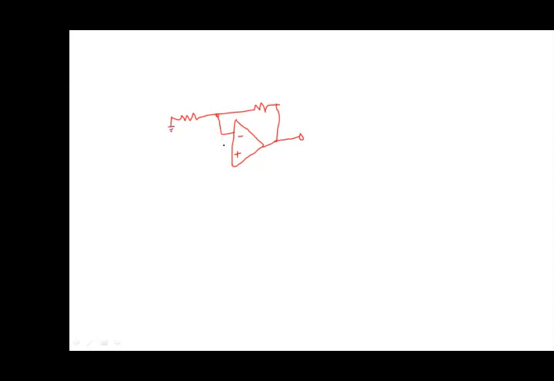So in this circuit we have given the input directly to the non-inverting terminal, and we have grounded the inverting terminal through the resistor R1.